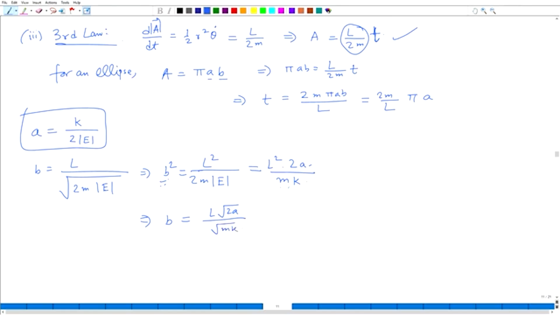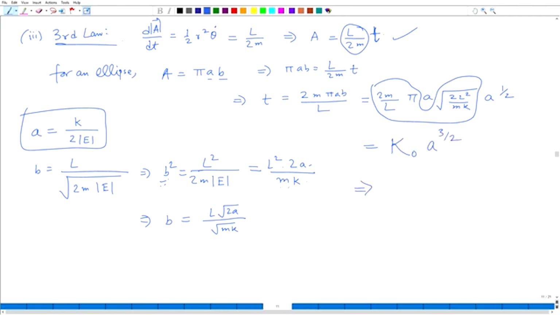I can do the same thing over here. I can write root 2 L square by mk, and then it will be A to the half. All the other quantities over here are just constants, and it will simply be equal to some constant k0 times A to the power 3 by 2.